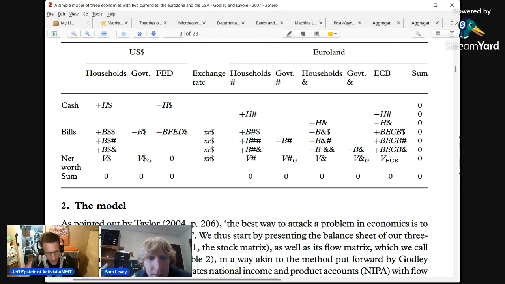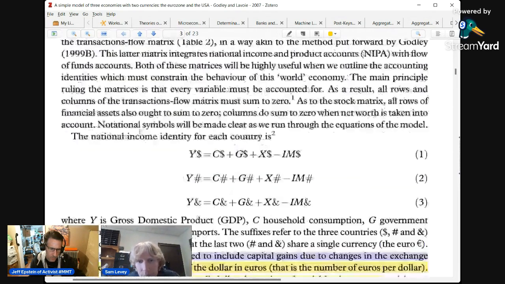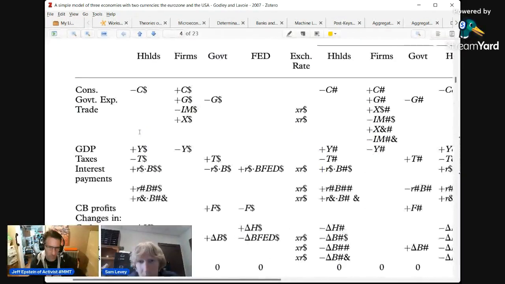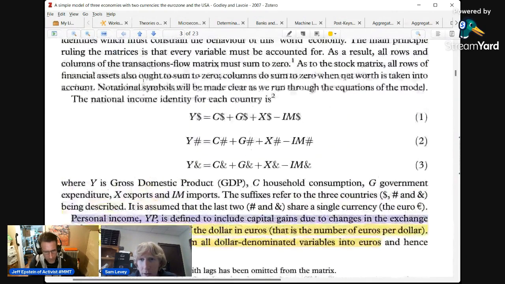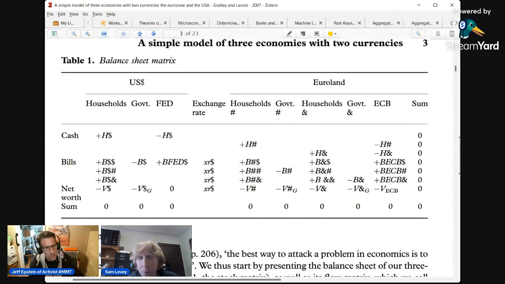All right. So what I don't understand yet is, on the transactions table, it shows households consume and firms earn that money, they buy something from the firm. A household consumes from firms, but on this table, why are there no firms, I guess? That's a good question. The reason, I'm pretty sure, is that they've made a simplification to the model where they're assuming that the firms have no long-term assets.